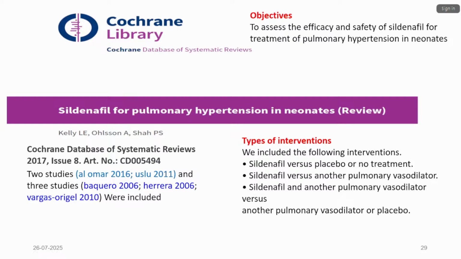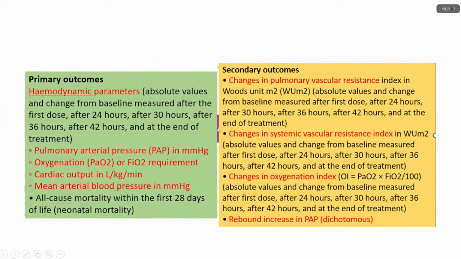This is the Cochrane review, which was done on sildenafil for pulmonary hypertension. The type of intervention was sildenafil versus placebo, and sildenafil versus other pulmonary vasodilators. So the primary outcome was monitoring of pulmonary arterial pressure in mmHg, then oxygenation or FiO2 requirement, cardiac output, and mean blood pressure.